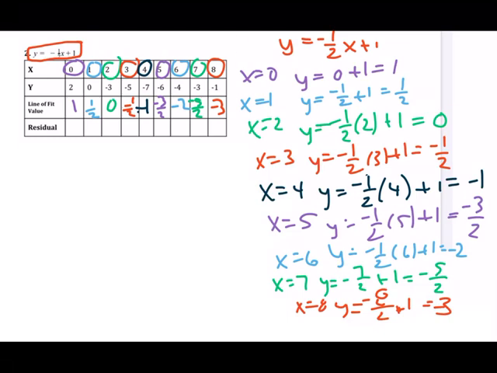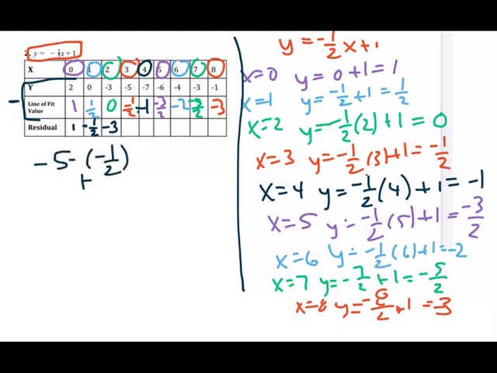And now we're going to calculate the residuals. So we are going to subtract the actual y value minus the line of fit y value. So 2 minus 1 is 1, 0 minus 1/2 is negative 1/2. Negative 3 minus 0 is negative 3. Negative 5 minus negative 1/2 is going to become plus, so negative 5 plus 1/2 is going to be negative 4.5.